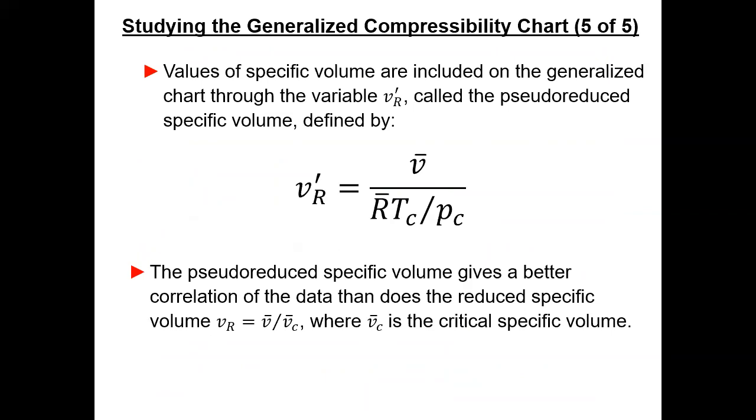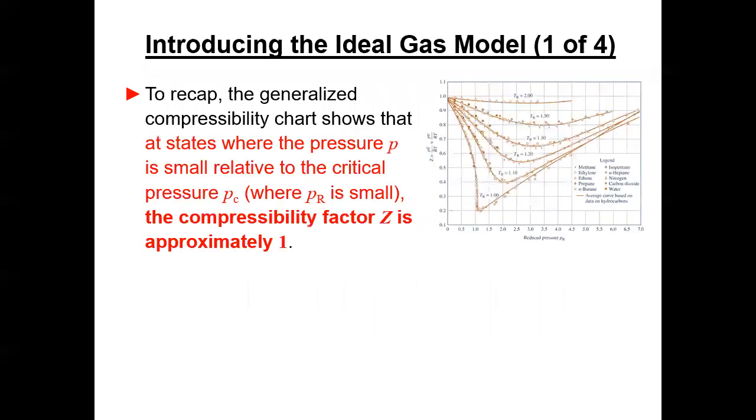It's kind of messy looking, but you can work problems with it just fine. It's just another parameter on the chart, okay? So don't let it throw you. You just need to be aware that it has a different definition than you might suspect. That prime means that it's not just the specific volume divided by the critical.